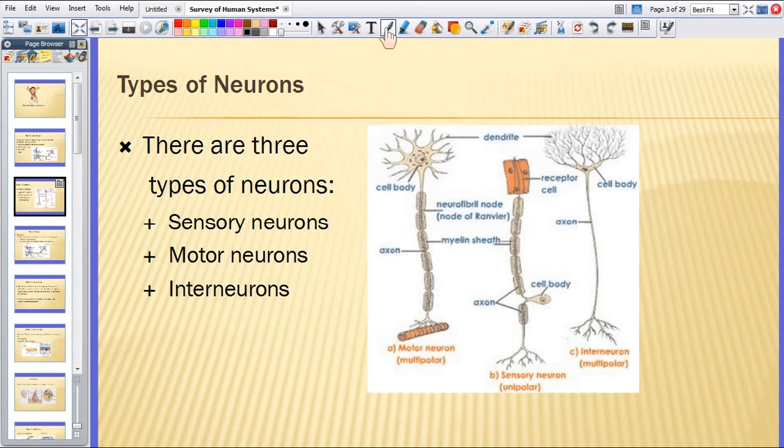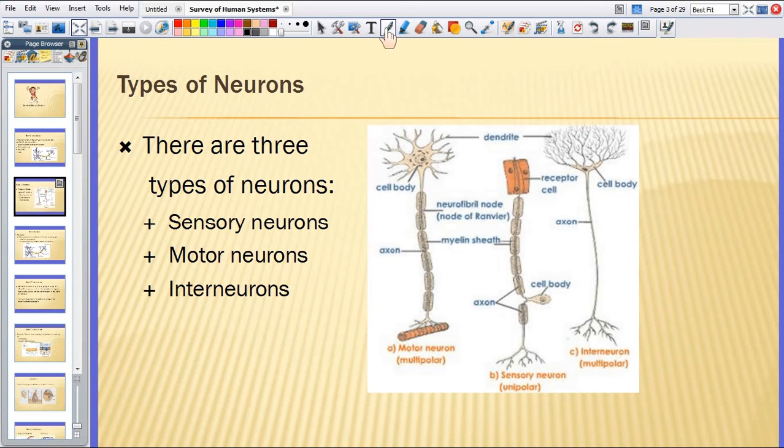The third type is the interneuron, and these are found within the brain and the spinal cord. They provide complex reflexes, things that make you do more than just move your fingers. The ones that make you move your fingers, your hands, your arm, all the way back to your shoulder. And they also control functions like learning and memory.